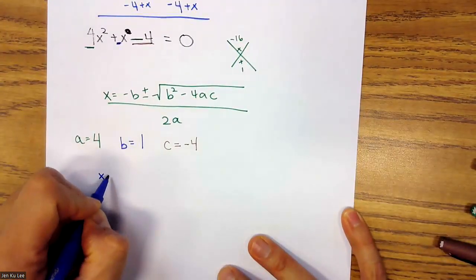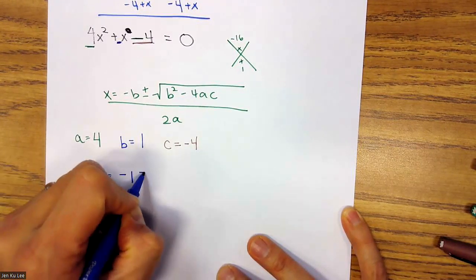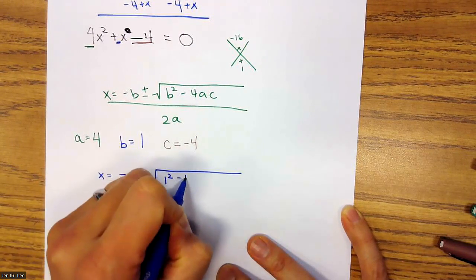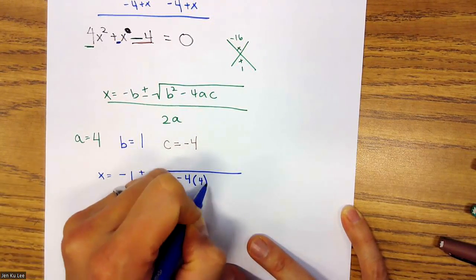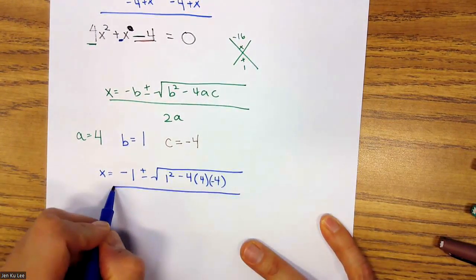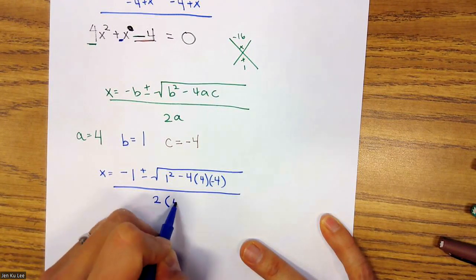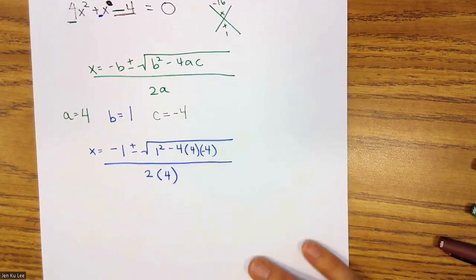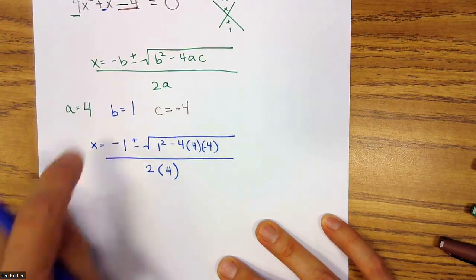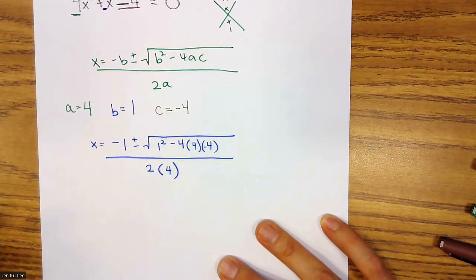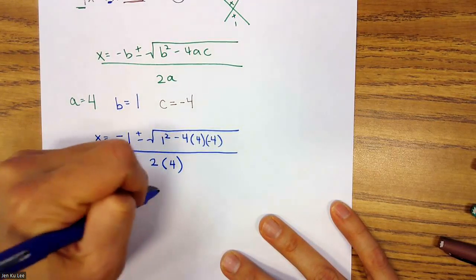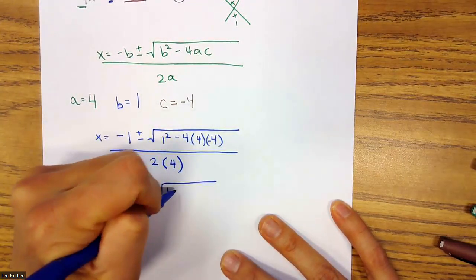So x equals negative 1 plus or minus the square root of b squared, which is 1 squared, minus 4 times 4 times negative 4, all over 2 times 4. Just plugging it in and going from there: my a, my b, my c. So x equals negative 1 plus or minus the square root of 1.